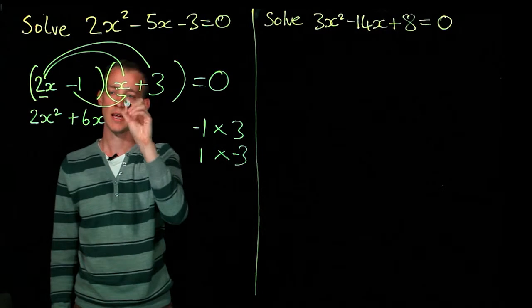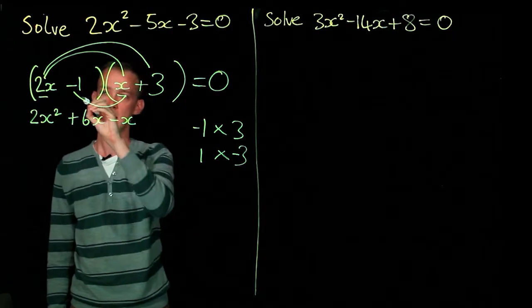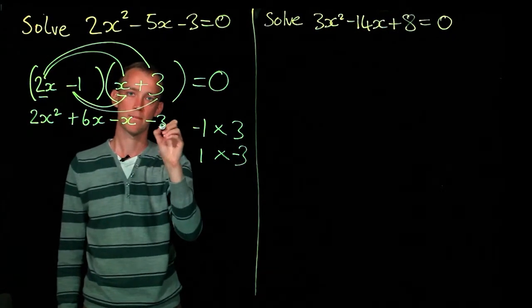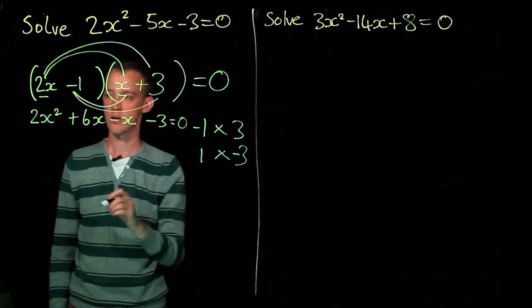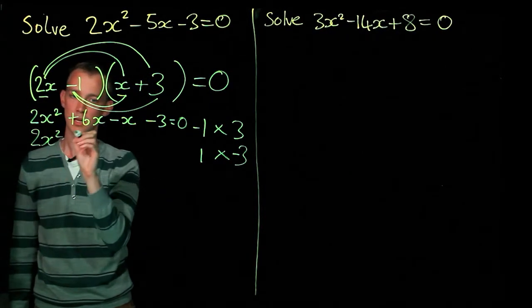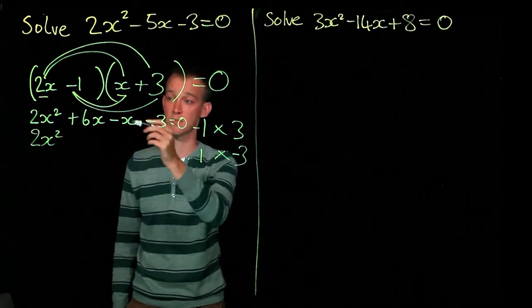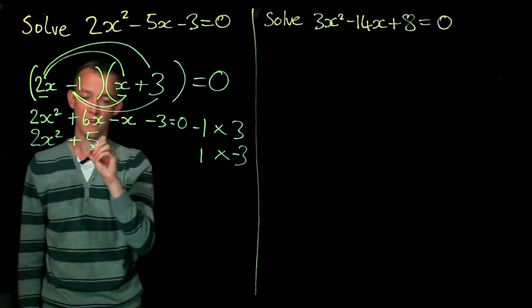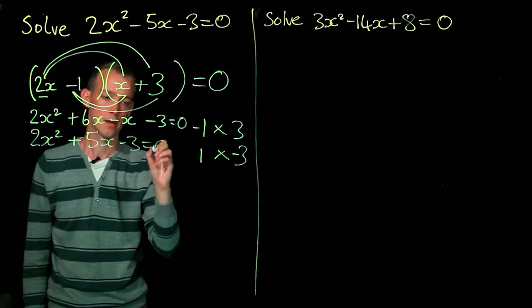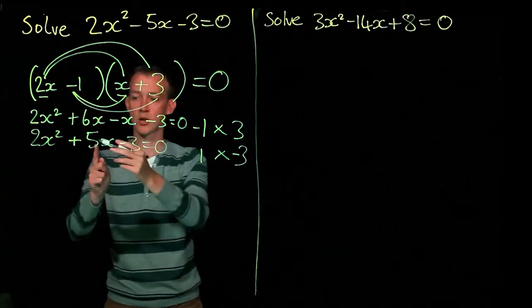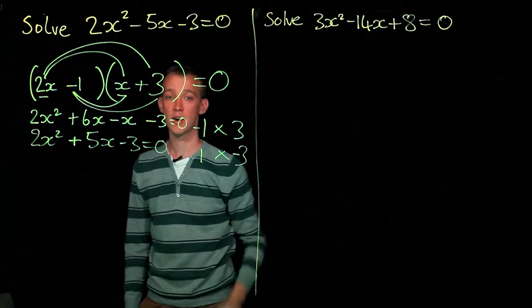Minus 1 times x is going to give me minus x, and minus 1 times minus 3 gives me minus 3, and that equals 0. So I've got 2x squared positive 6x minus x is going to make a positive 5x, and minus 3 equals 0. So I'm very close. I've got a positive 5x. Actually, I need a minus 5x.